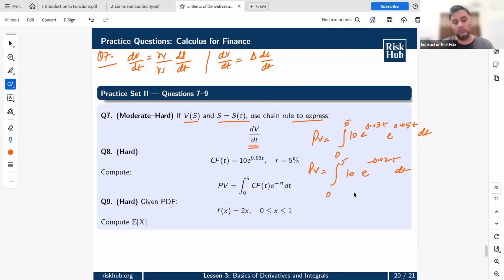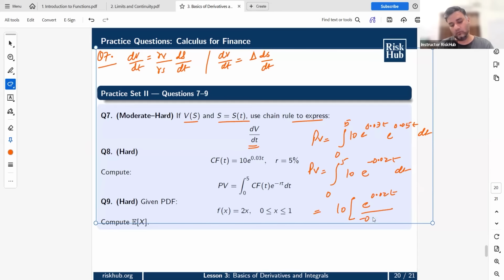And if you do the integral of the exponential, it becomes 10 times e^(-0.02t) divided by minus 0.02.